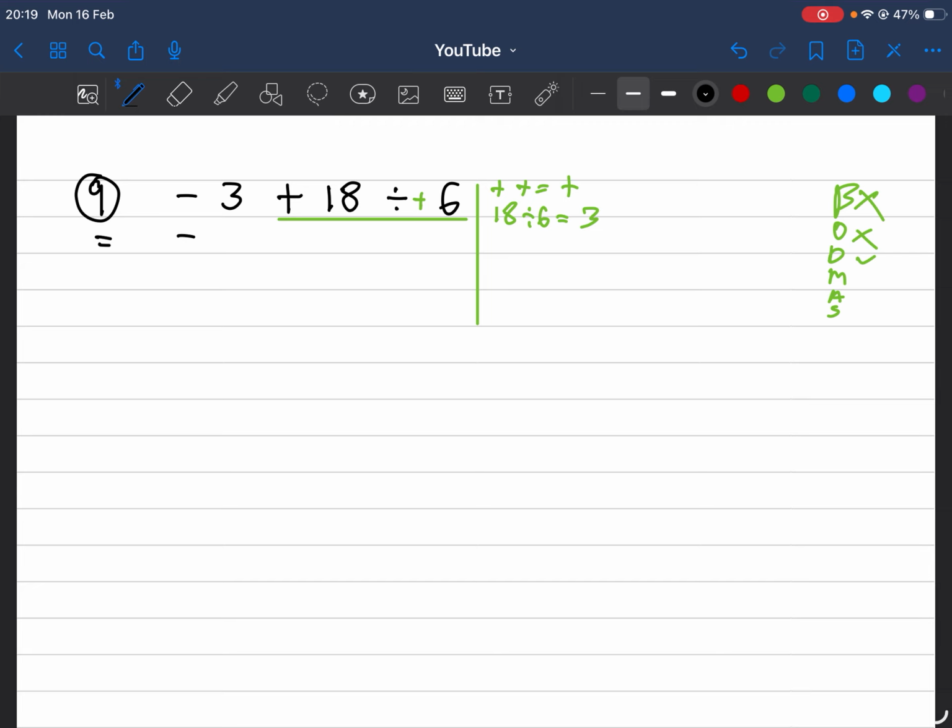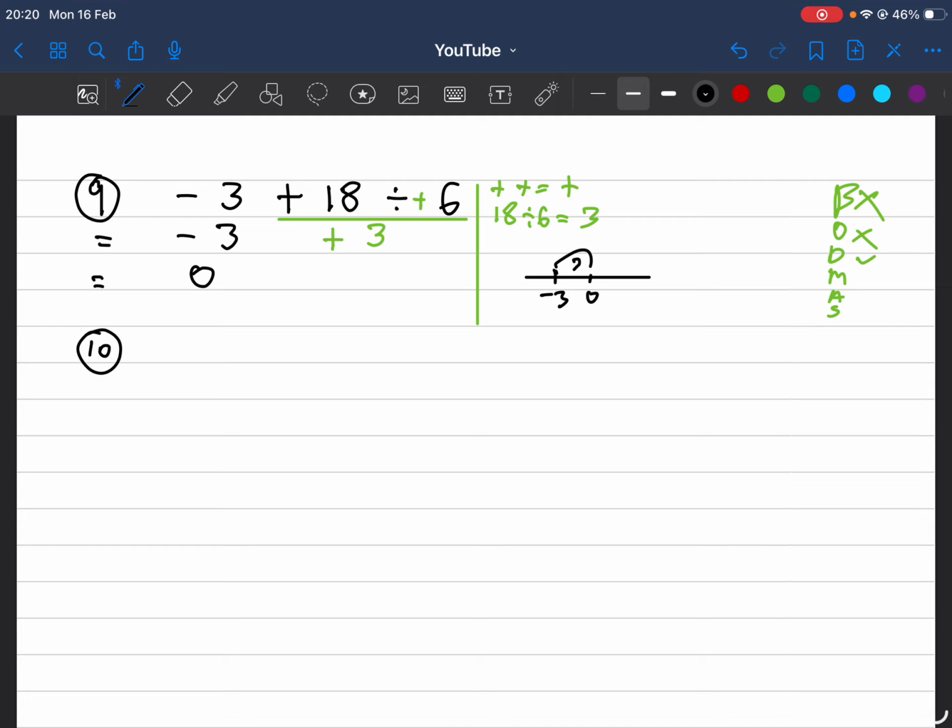We did division, so we're just going to bring it down underneath it on the top line. But the 18 divided by 6 becomes a positive 3. And then you've got negative 3 plus 3. When you apply a number line, you say, I'm at negative 3 and I jump 3 to the right. Won't I end up at 0? So my answer is just going to be 0.